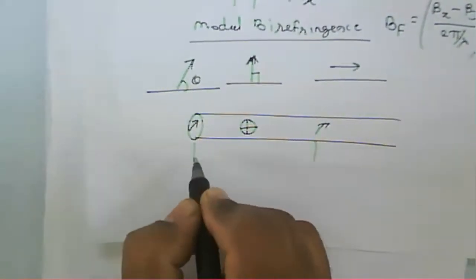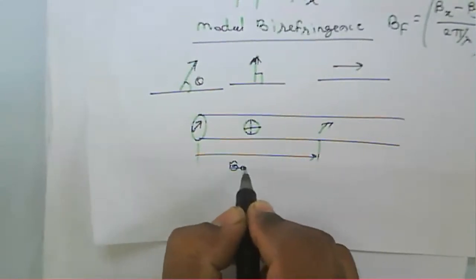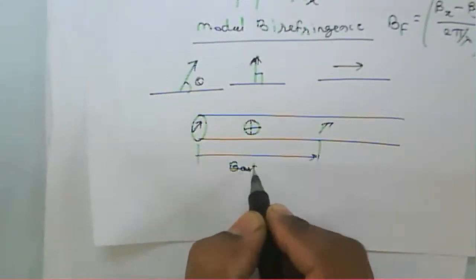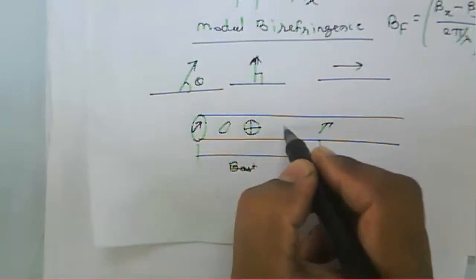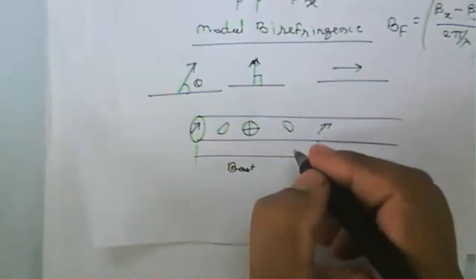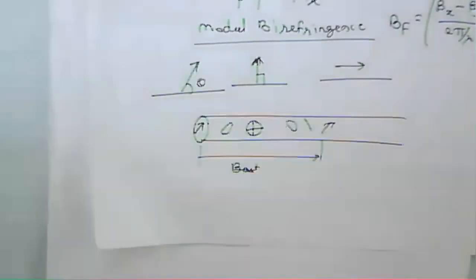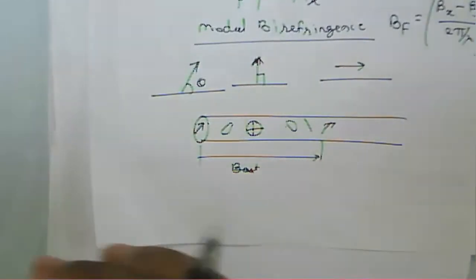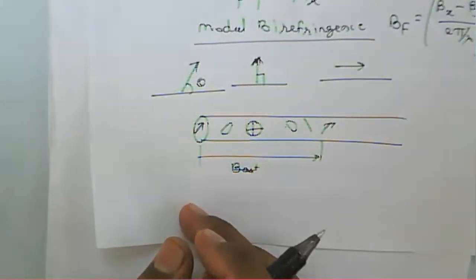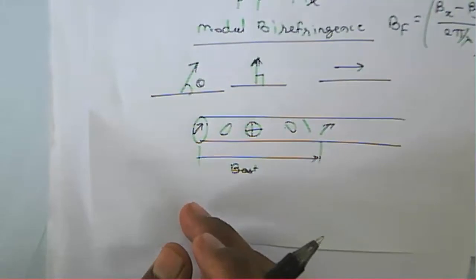So that is the length, which we call the beat length, or it can be elliptical in shape. The rays are changing their orientation.